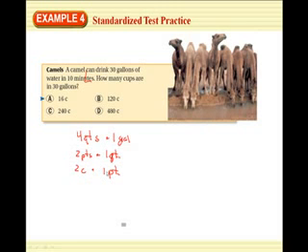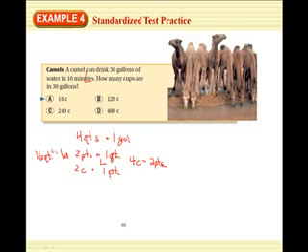So let's figure out how many cups are in a gallon. Every pint has 2 cups, so 2 pints would be 4 cups. There'd be 4 cups then in a quart. So there'd be 16 cups in 1 gallon.